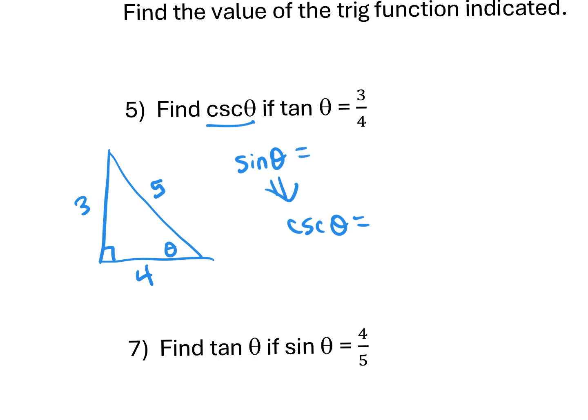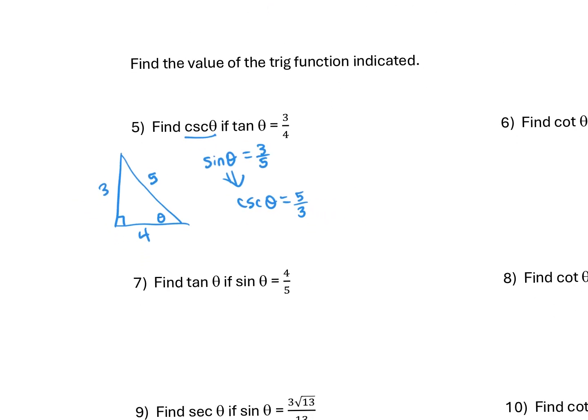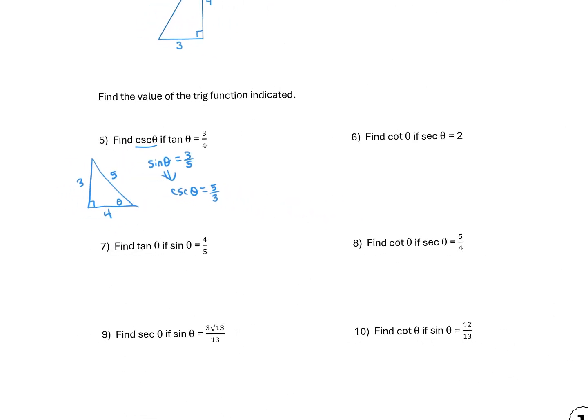So sine would be 3/5, which means our cosecant is going to be 5/3. Okay? So for all of these down here, you are going to want to draw a picture, draw a triangle. You're going to have to label and come up with another side. And then you're going to have to think reciprocals in most instances in order to come up with the ratio that you have to find.